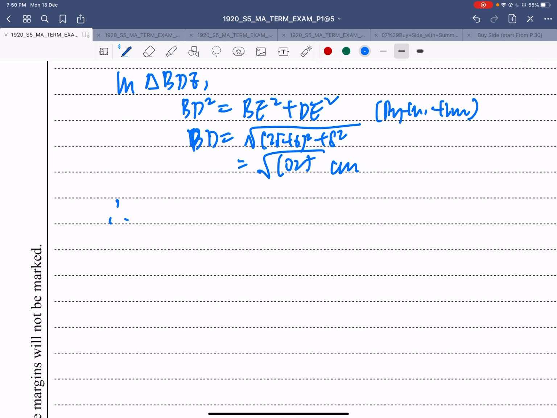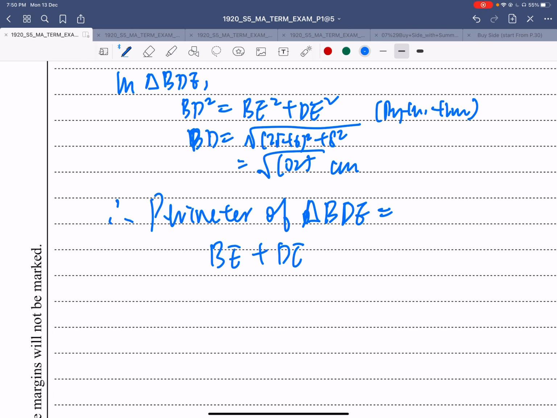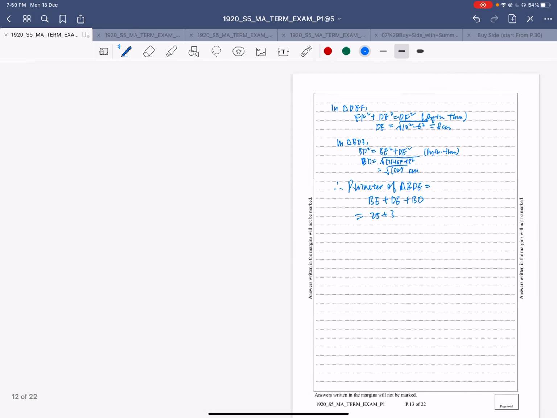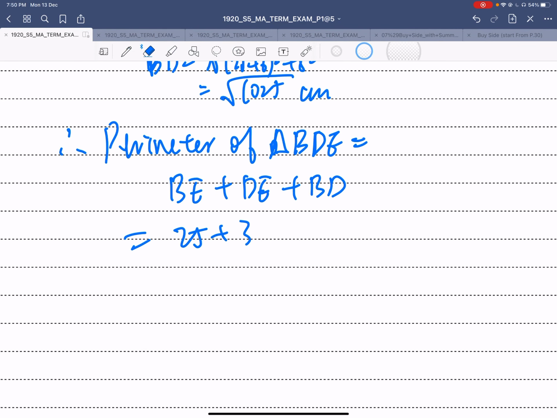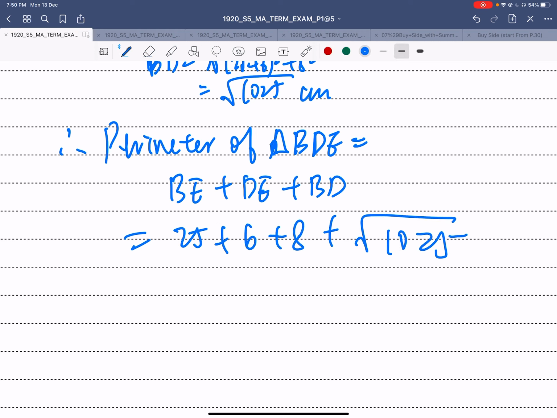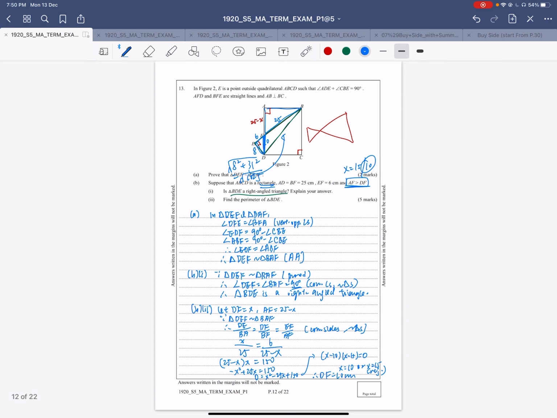So we can calculate the perimeter, the sum of the three sides of triangle BDE, equals BE plus DE plus BD, equals 25 plus 6 plus 8 plus root 1025, which is equal to 71.0 cm, correct to three significant figures. And this will be the solution for question 13.